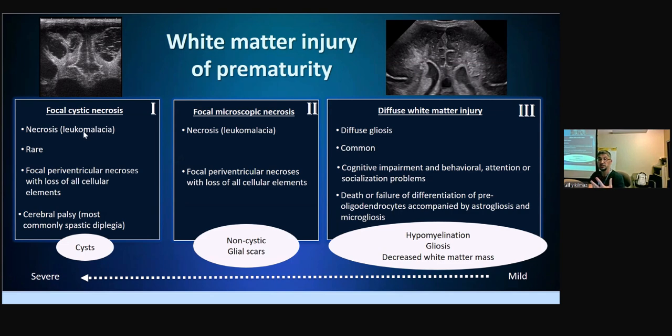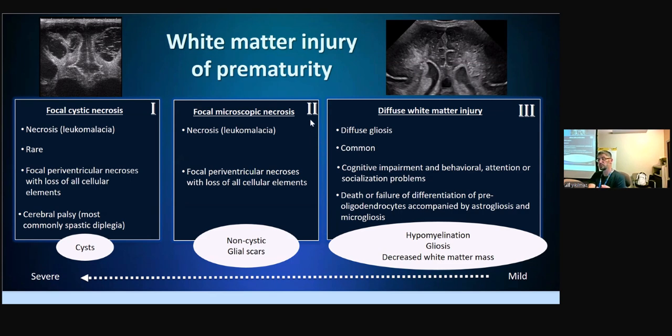It's a real leukomalacia, and there is focal cystic necrosis. And this is the severe form. When there is severe form, we have cystic PVL. And most common clinical presentation is cerebral palsy, and most commonly is spastic diplegia, the bilateral lower extremity involvement.